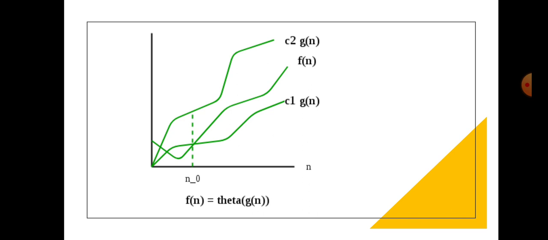This is the example graph of f of n equal to theta of g of n.